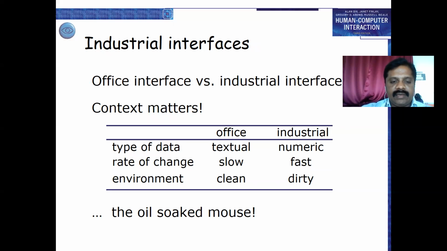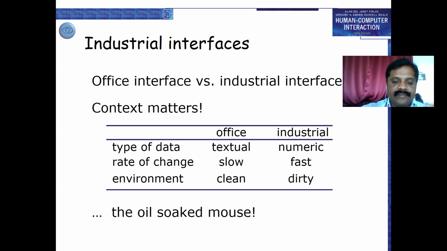For type of data, in the office it is textual, and in industry it is numeric. So in the office we use text-based data, and in industry it should be numeric. And rate of change means data exchange: in the office it should be slow, and in industry it should be fast.